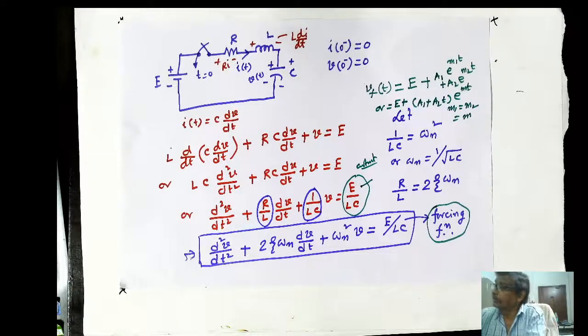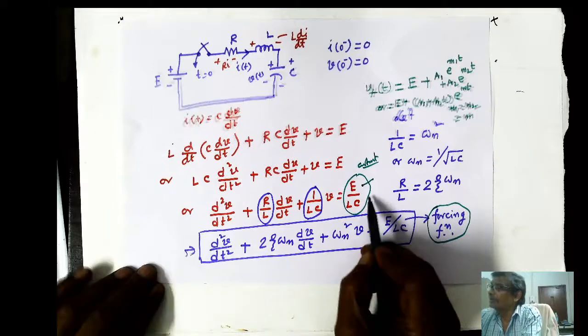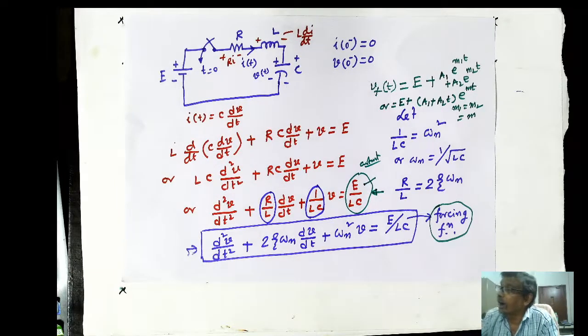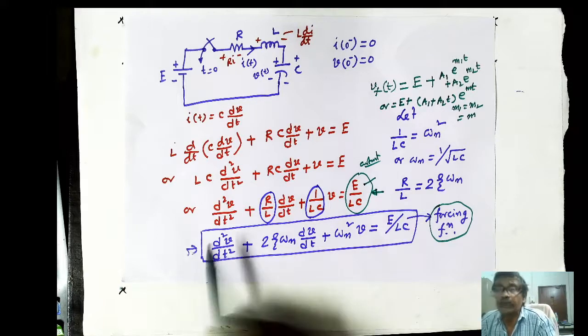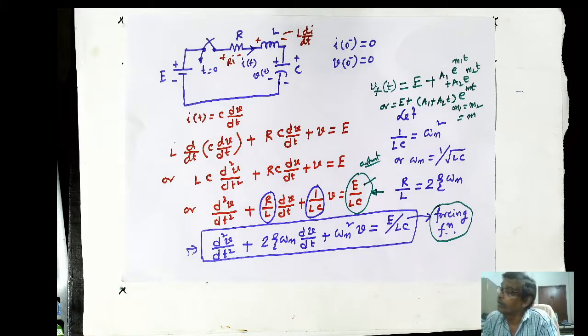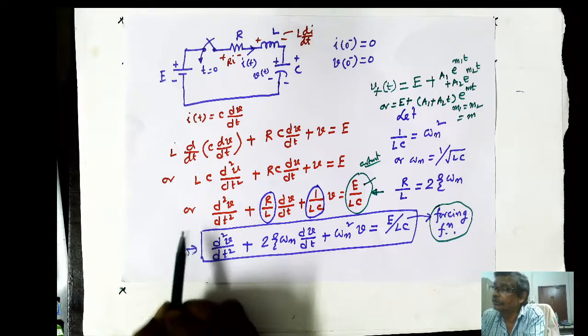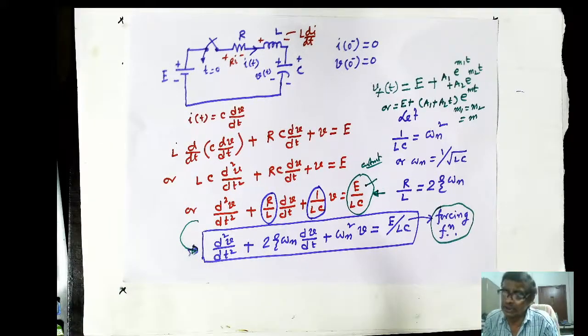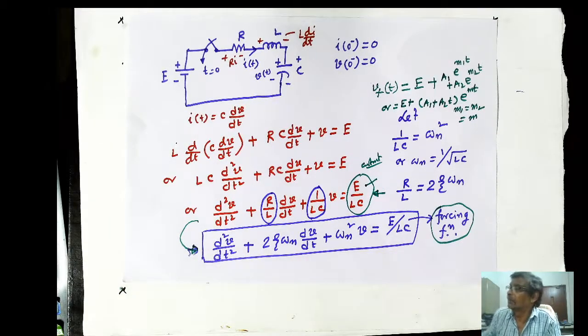Now, this is the equation, and I already know what is the solution due to forcing function. Now what I have to do is find out the roots of the equation. But before we do that, I will do some transformation to this equation for reasons which will be clear in the later part of the solution.